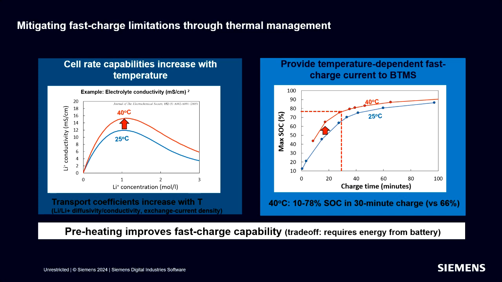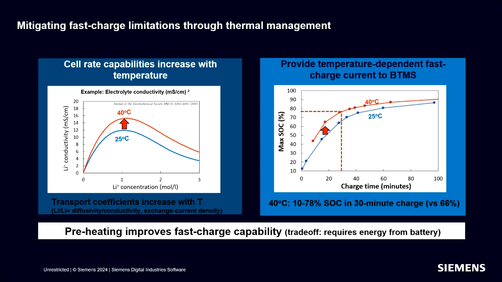Now, additional preheating like this to 45 Celsius is expected to close the gap with the 80% SOC requirement completely. Again, we're trying to get from 10 to 80% within 30 minutes. And preheating is therefore an additional tool to meet fast charging requirements.